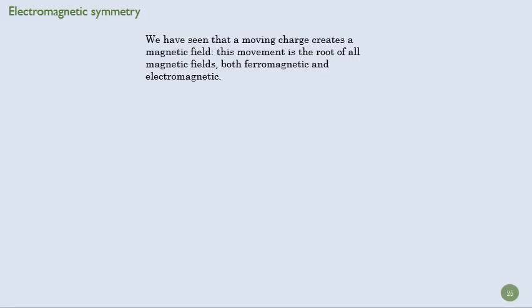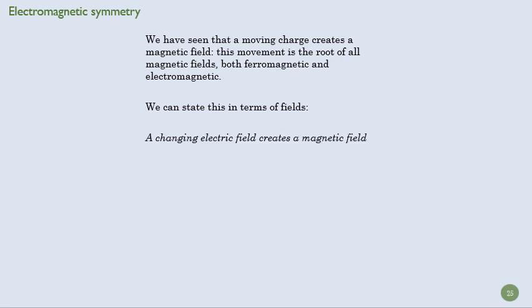All right. So now I'm going to push this symmetry on you some more. We've seen that a moving charge creates a magnetic field, right? And that movement is the root of all magnetic fields. We can put this in terms of fields, not just in terms of charges, so that we can say a changing electric field creates a magnetic field, and that the inverse is also true.